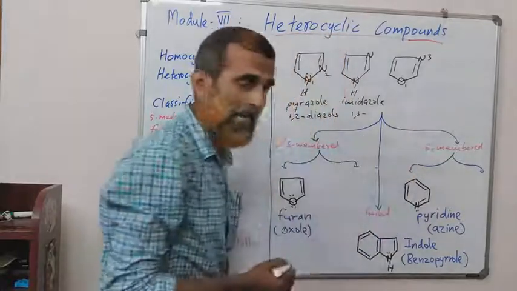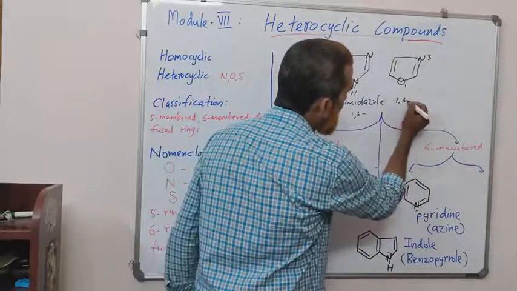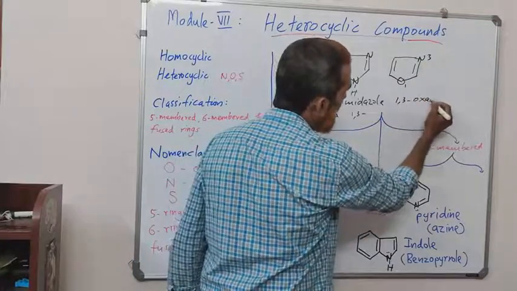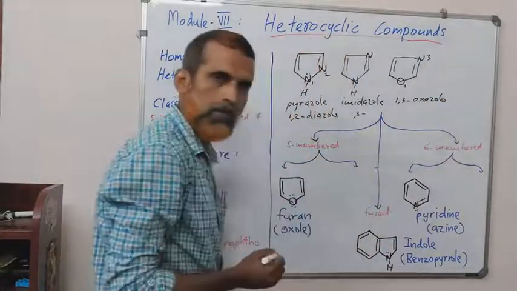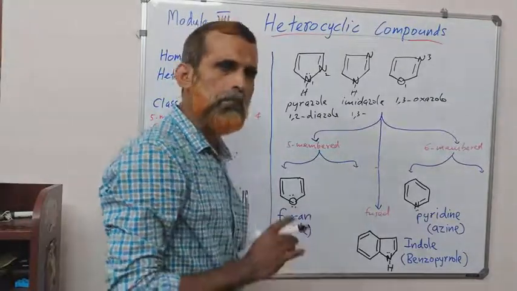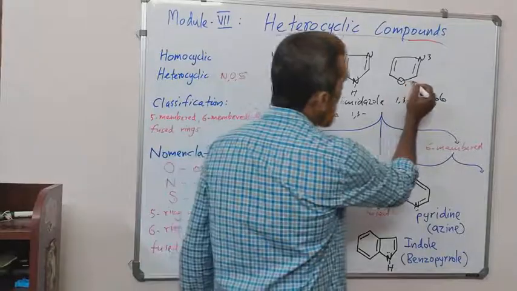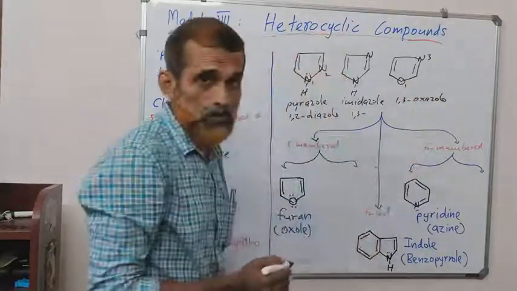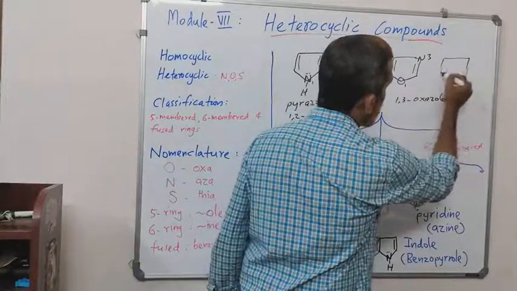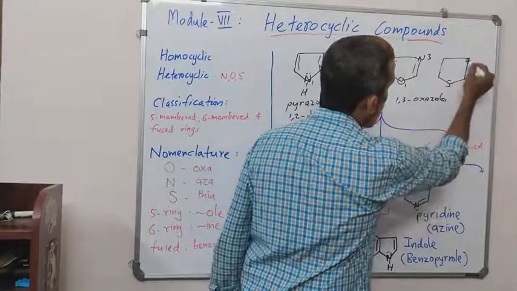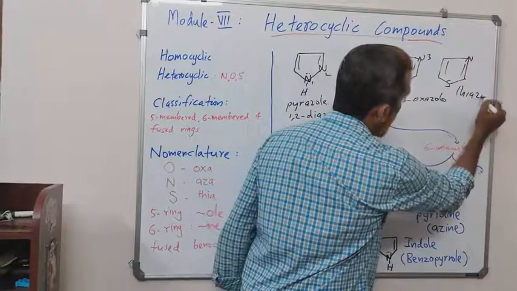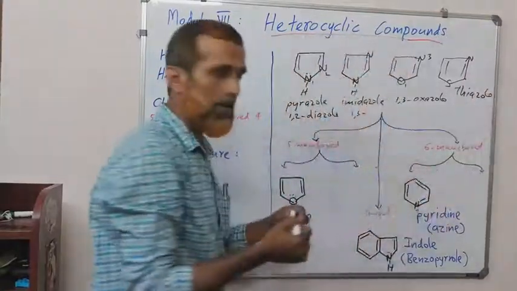So what is the systematic name? 1, 3. This is oxa and aza, so it is called oxazole. If it is sulfur instead of oxygen, what is it called? Thiazole. Okay, that's about 5-membered rings.